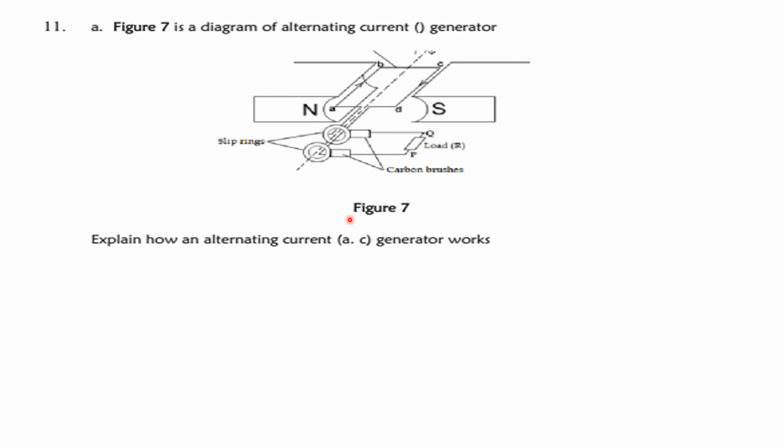All right, so here we are looking at this generator. First, you must know the structure. It has two magnets. Between them, there's a magnetic field or magnetic flux, and then a coil, which is made to rotate.